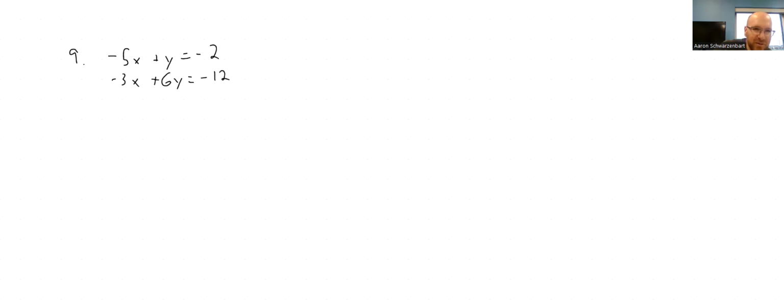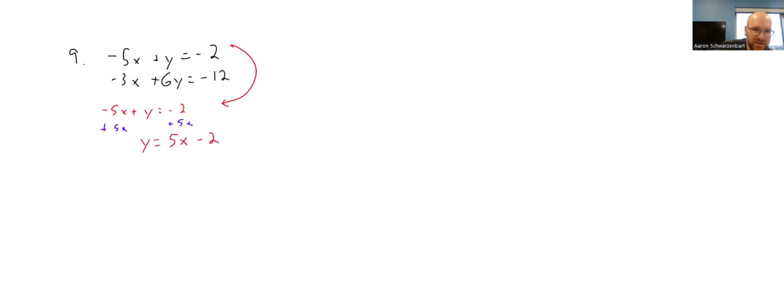So I'm going to take my top equation and I'm going to set it equal to y by adding 5x to both sides. So this will get me a single variable, y equals 5x minus 2. I chose the top equation and I chose to solve for y because y was the only variable without a number in front of it. The number in front we call a coefficient. It was the only variable without a coefficient, so it was the easiest one to solve for.